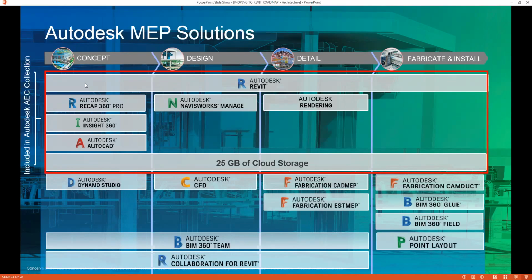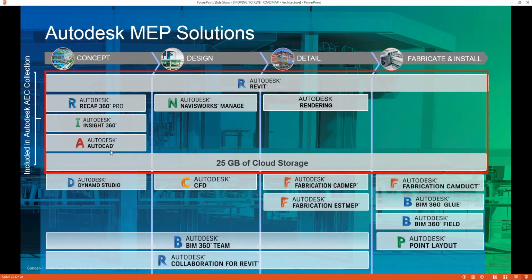Recap 360 Pro is used to capture, if it's an existing building, they might go in and do their own capturing. Insight gives analysis: what is required as far as cooling, heating, ventilation, heat loading, all those things to make their proper decision on how to go with the design.